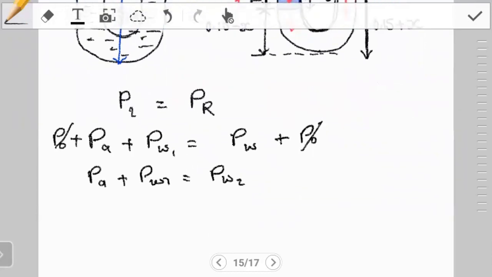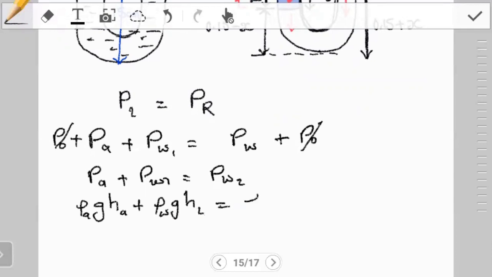So from here now, what we want to find is the pressure due to the alcohol. Of course, it's the density of alcohol, gravity, multiplying the height of the column for alcohol, plus the density of water, gravity acting on water, the height of the water column on the left hand side.